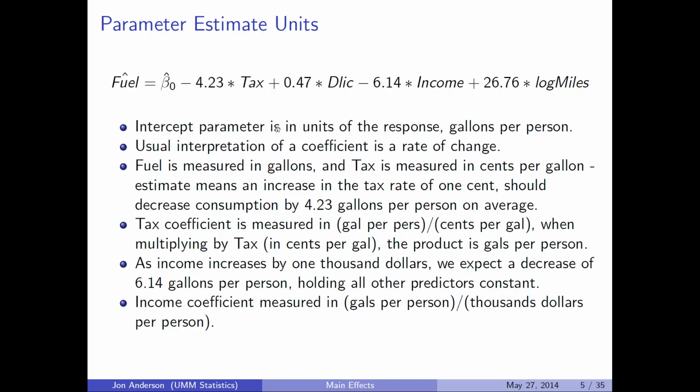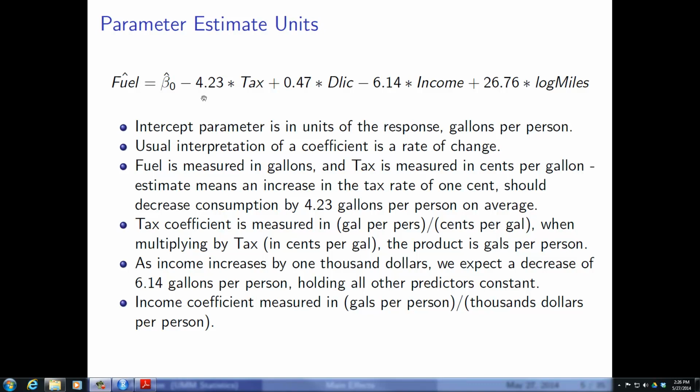And so the value you get there is 4.23, and that is going to suggest a reduction of 4.23 gallons per person for an increase in the tax of a cent per gallon.